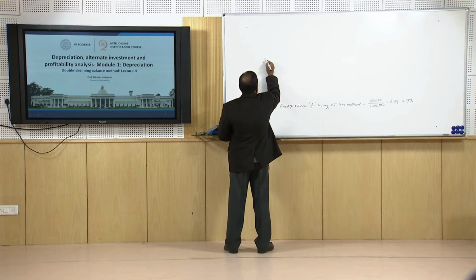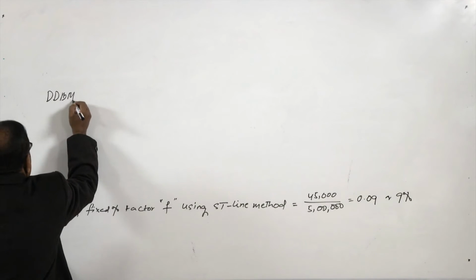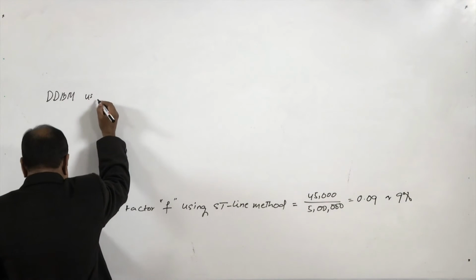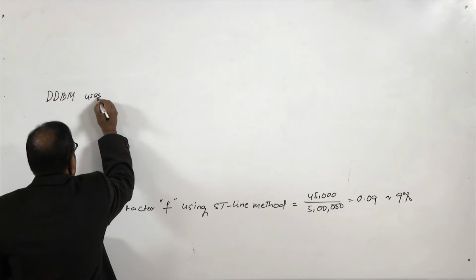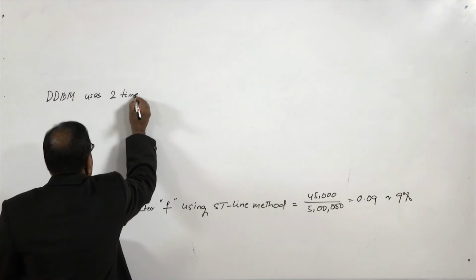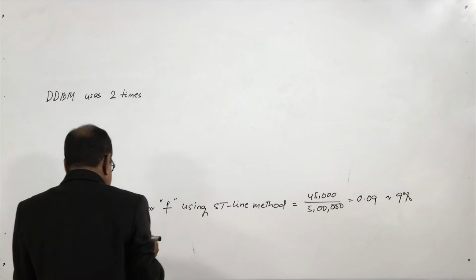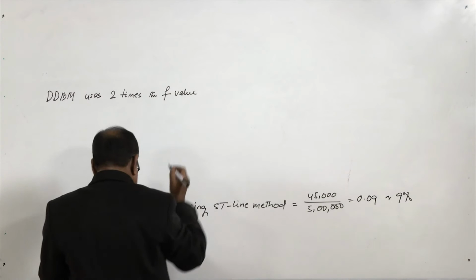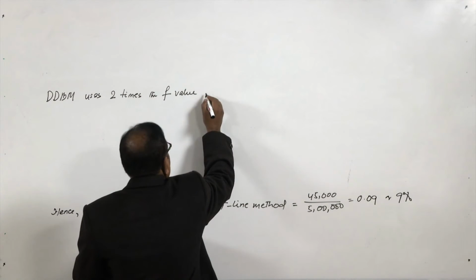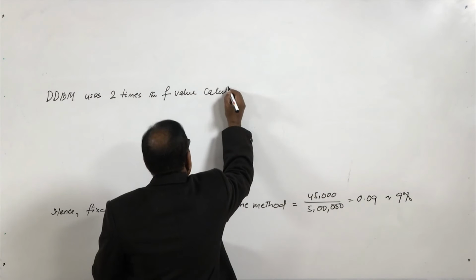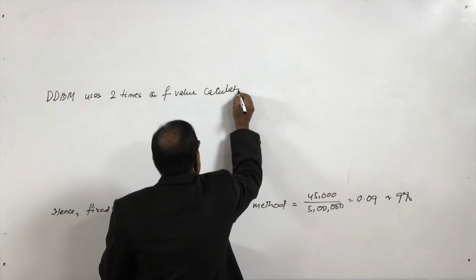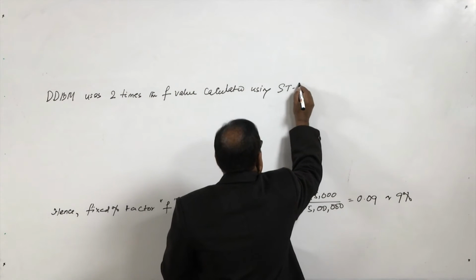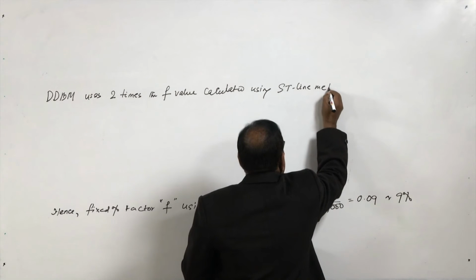Now, DDBM, the double declining balance method, uses 2 times the F value calculated using the straight line method.